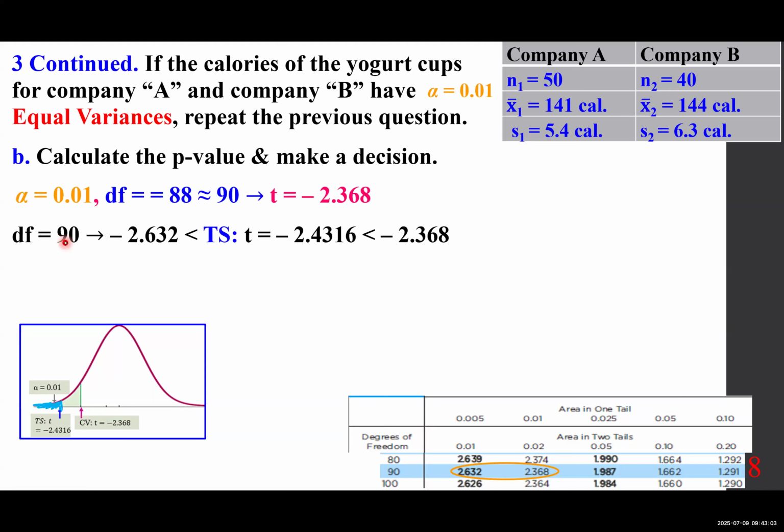And we compare what we have here, because again, you have to compare the two numbers when they're positive because of the limitation of the table. 2.4316 is less than 2.368. And so the p-value is between the two.